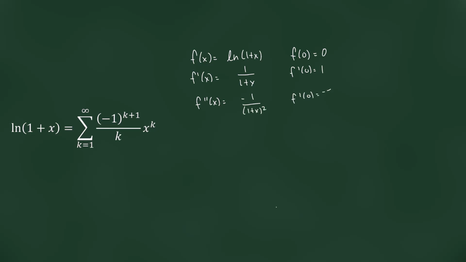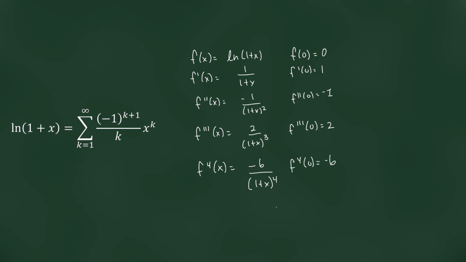And f double prime of 0 is then going to be -1. Taking the third derivative, we're going to get +2 over 1 plus x to the third. So the third derivative at 0 is +2. And if we look at the fourth derivative, here we're going to get -6 over 1 plus x to the fourth. And again, that's going to be just -6 at 0.